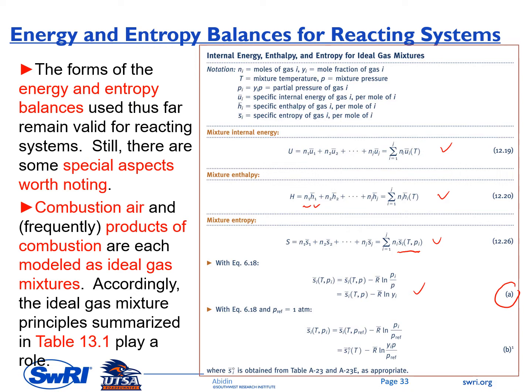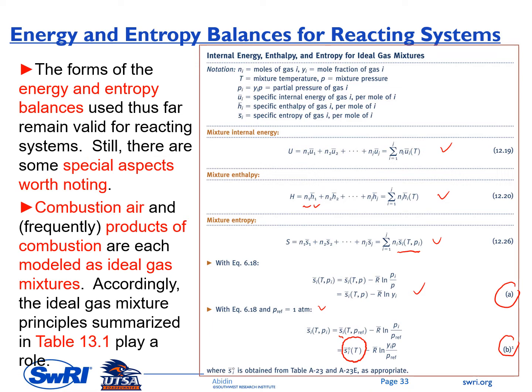And then you can see in equation B, if p equals p_ref, which is 1 atmosphere, then in the first term on the right-hand side we have s-bar_i at T and p_ref, and this equals s-bar degree at T, and this s-bar degree is available in Table A-23 or A-23E, for British units.